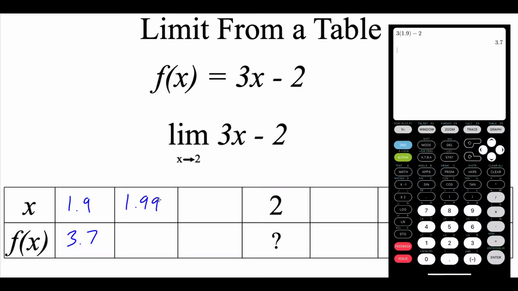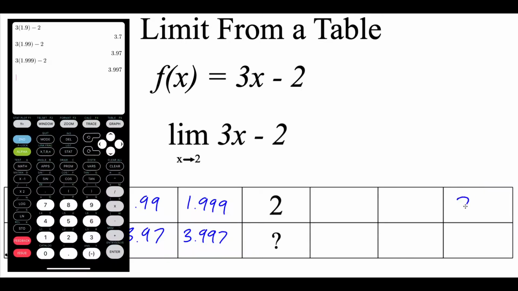I plug that into my function, 3 times 1.99 minus 2, and I get 3.97. Well, I want to get even closer to 2, so maybe I use 1.999. Again, I plug that into my calculator, 3 times 1.999, and then subtract 2 from that, and I get 3.997.